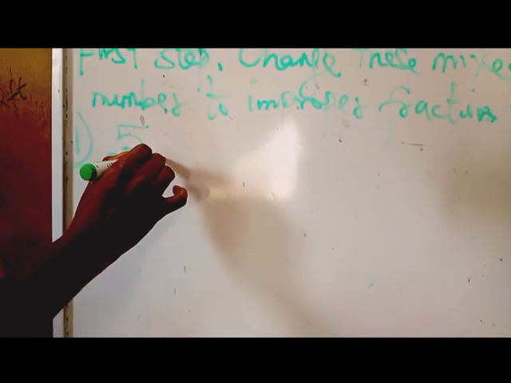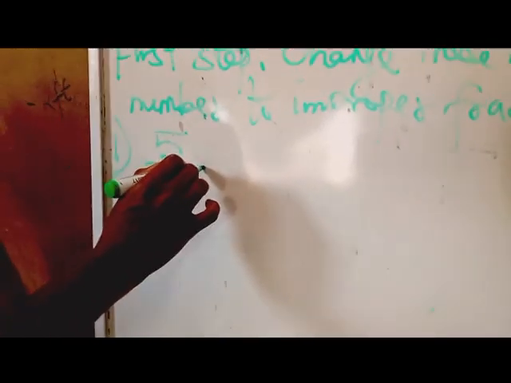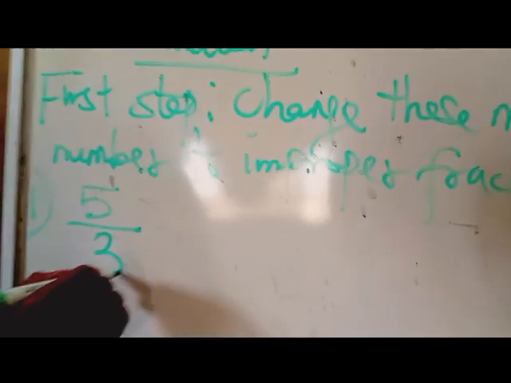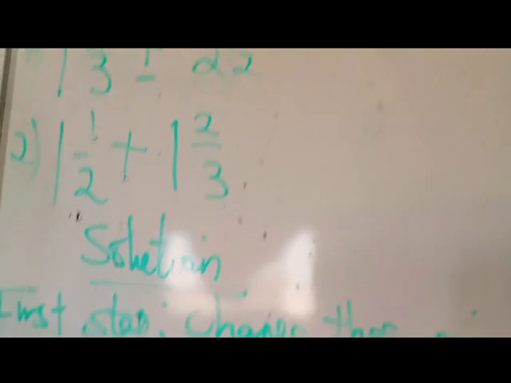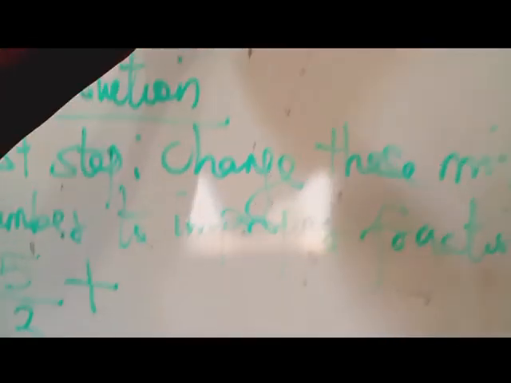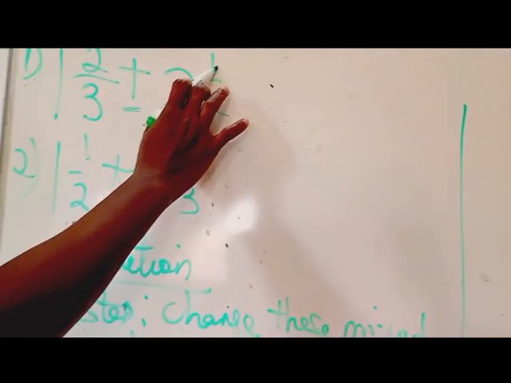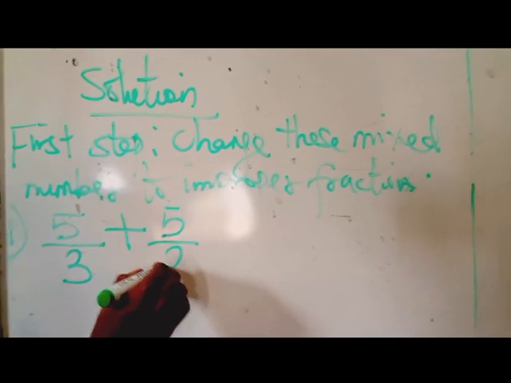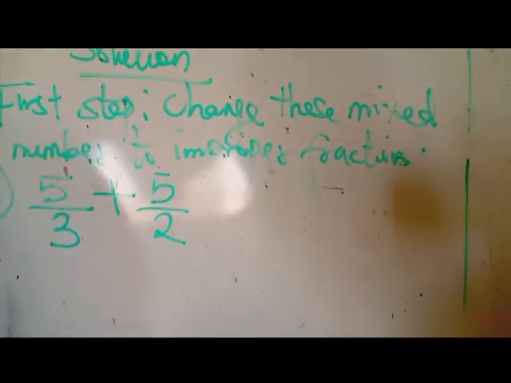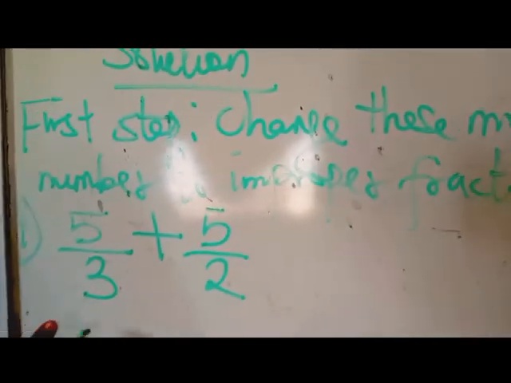So when you change 1 whole number 2/3 to an improper fraction, it becomes 5/3. You add our operation sign, which is the addition sign. Then 2 multiplied by 2 is 4, plus 1 is 5. Therefore, we have 5/2.